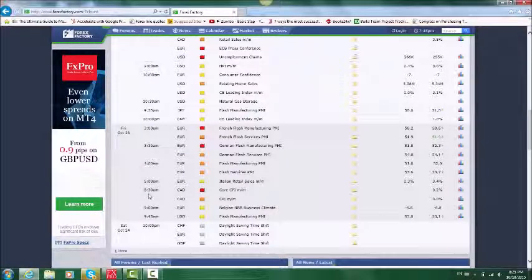Into the New York session, we have Canadian core CPI inflation data coming out. We have the core CPI number and CPI number for the Canadian dollar here. And that's it for the week here. Just a reminder, we have daylight savings time shift for the Eurozone and for the UK. So just a reminder in that respect.